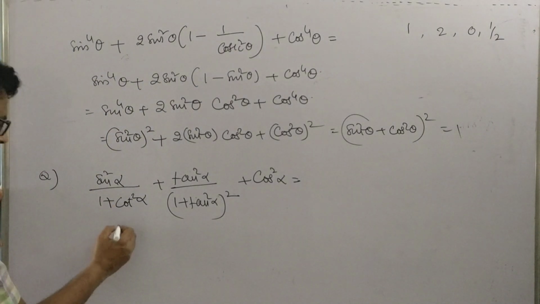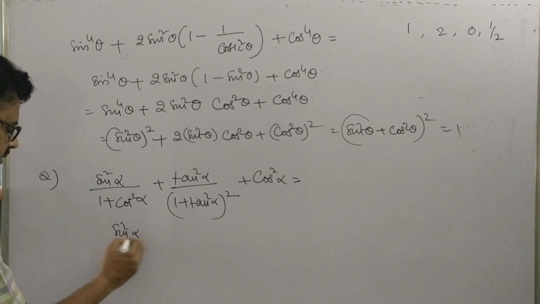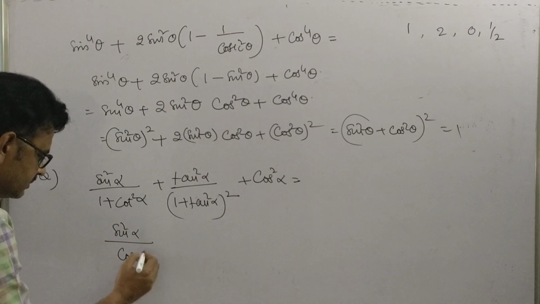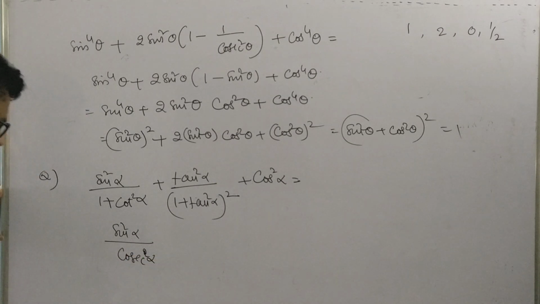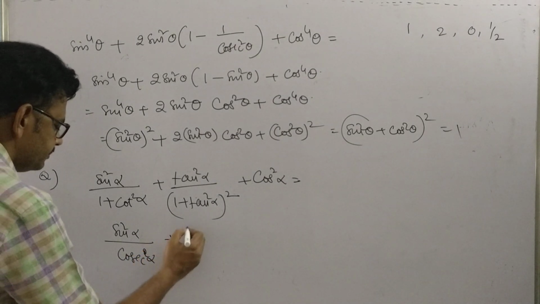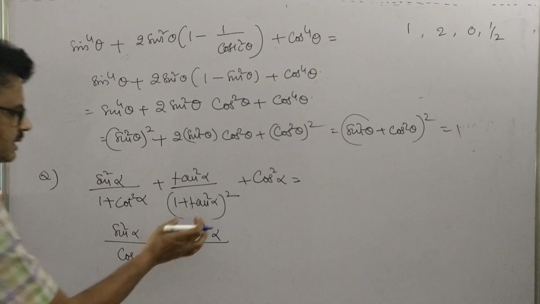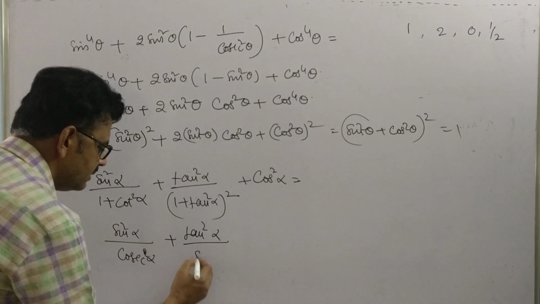So this is sin square alpha; 1 plus cot square alpha is cosecant square alpha, plus tan square alpha by 1 plus tan square alpha is secant square alpha.